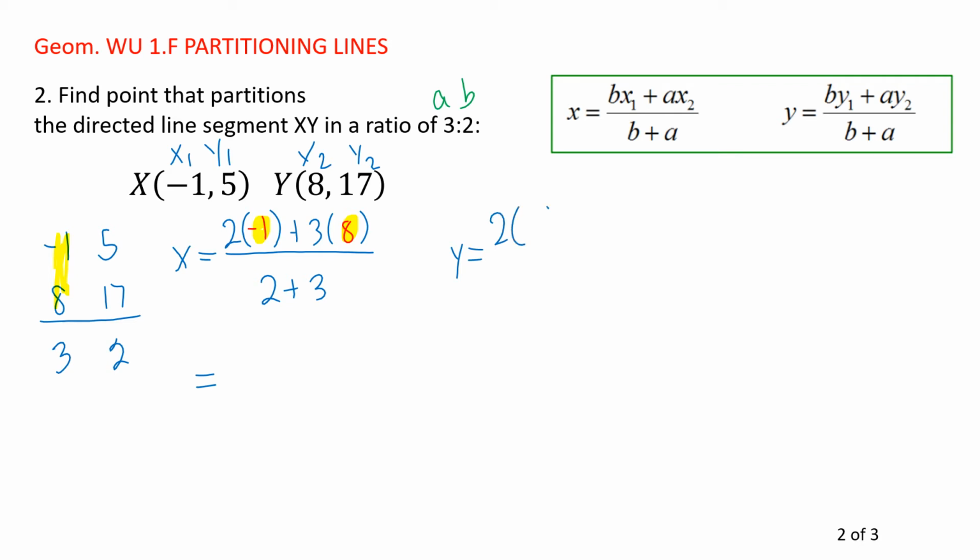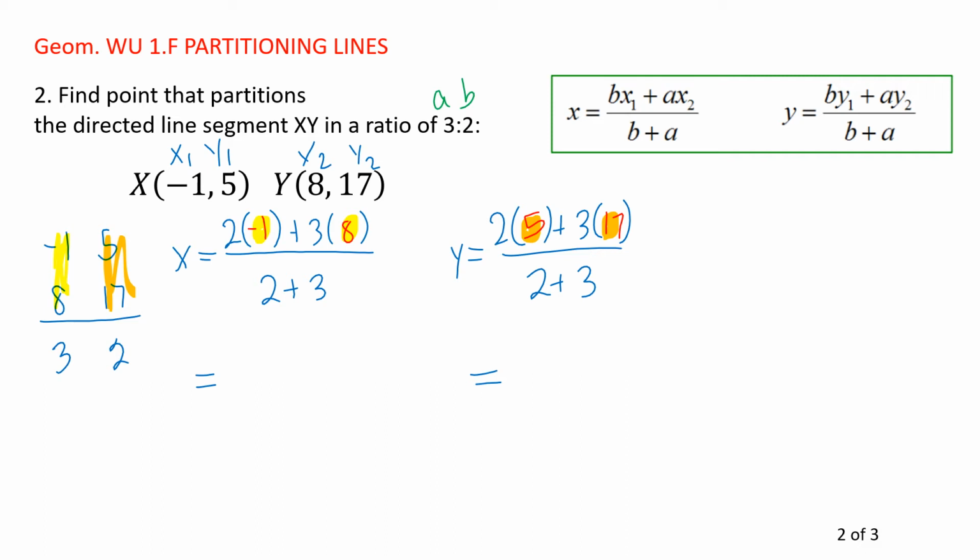It's b plus a over b plus a. I'm filling this in with the y coordinates, and they are 5 and 17. Plug that into your calculator, you'll have your answer.